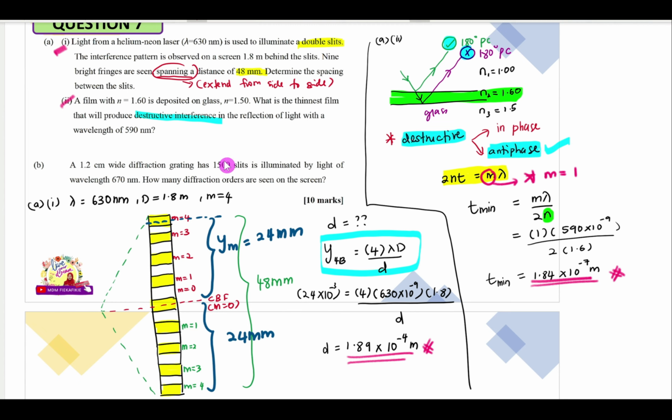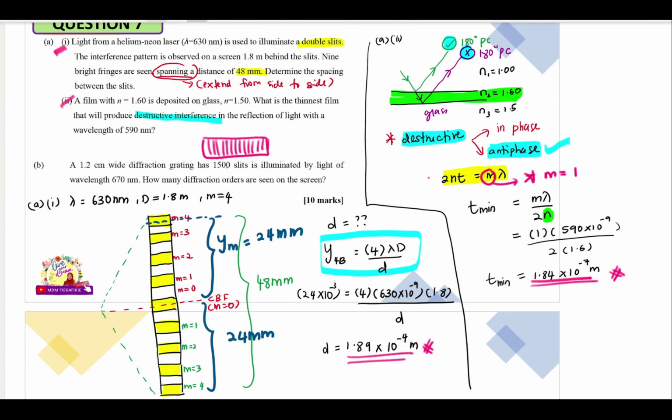Okay, so kali ini dia kata slits ni dia ada lines lah ni, macam kita lukis macam ni, berapa dia punya slits ni. Okay, dia bagi tahu dia adalah 1,500 slits on the diffraction grating.